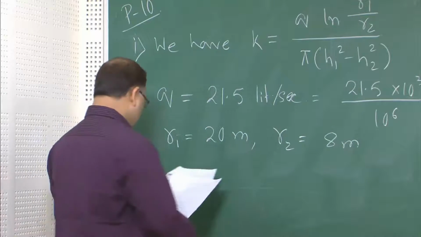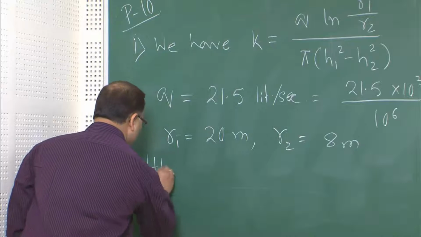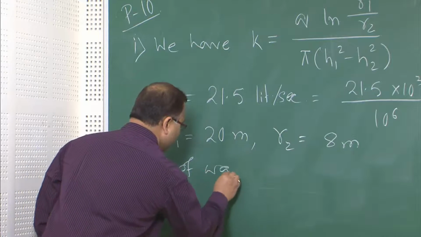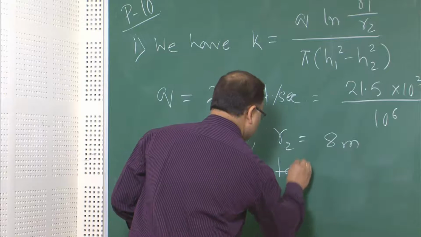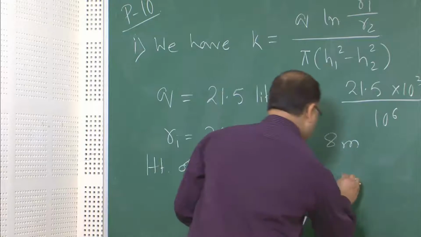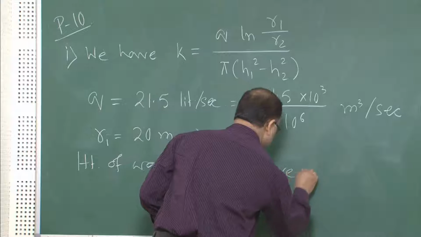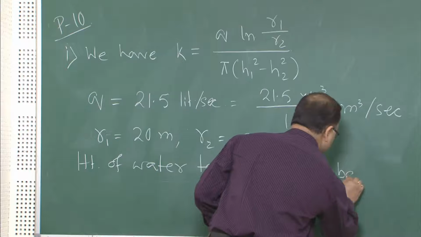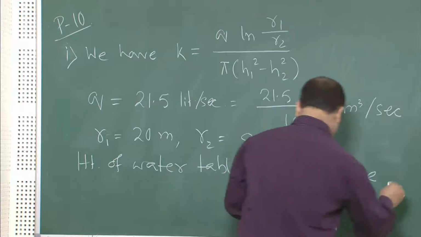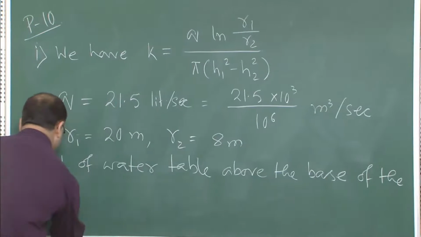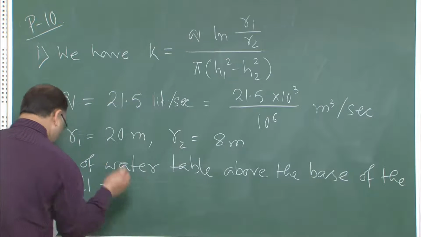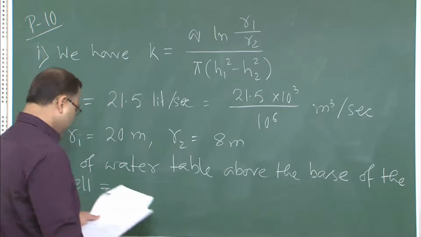Now, the height of water table above the base of the well is equal to how much?